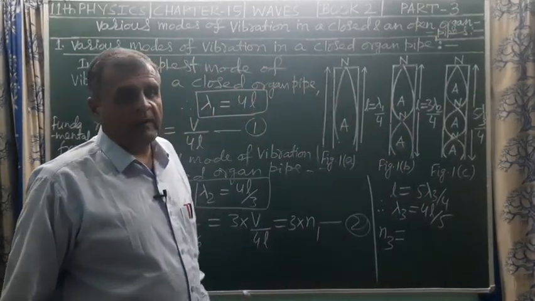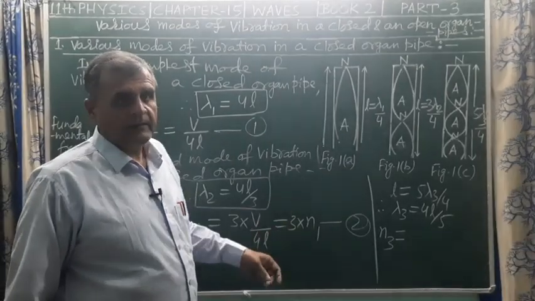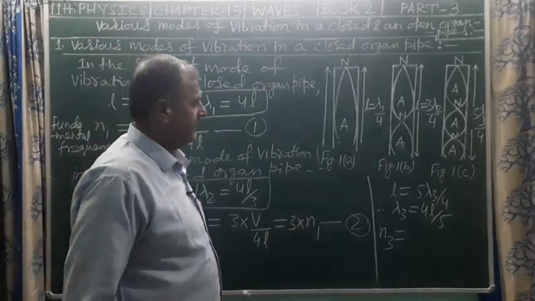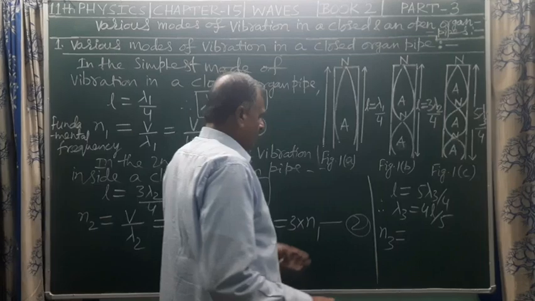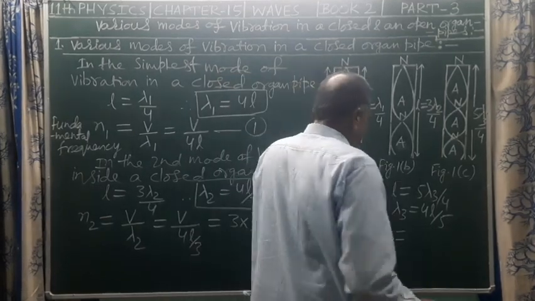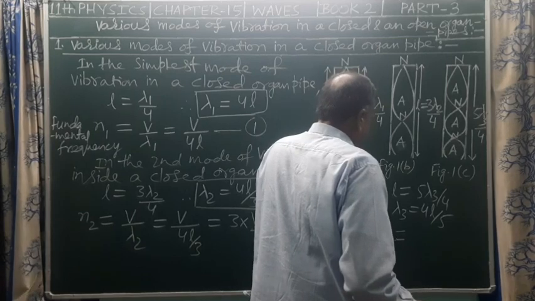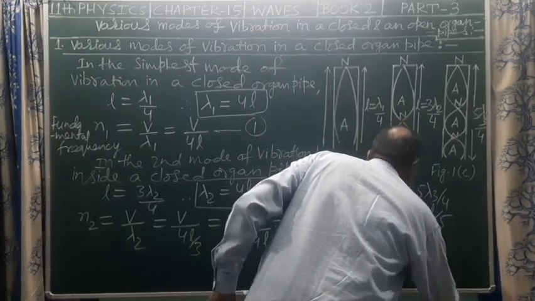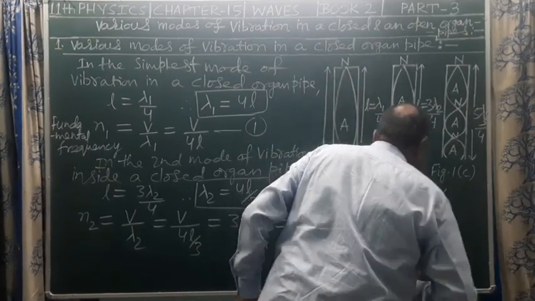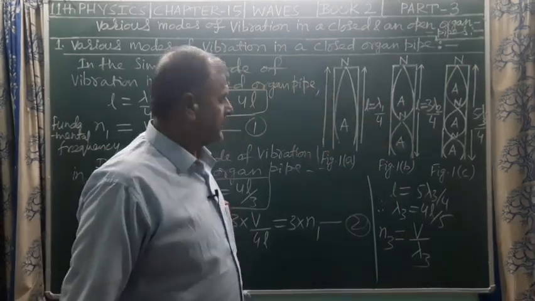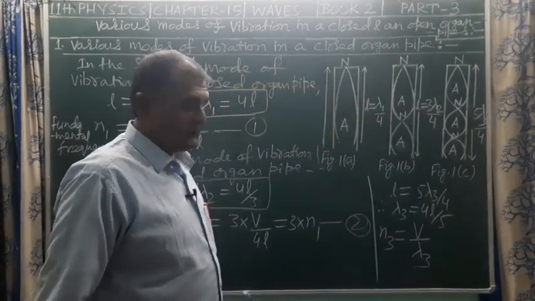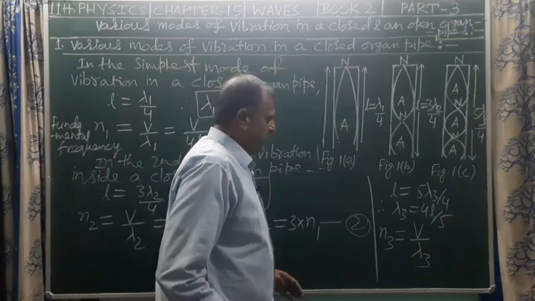The number of the overtone is 1 smaller than the harmonic produced inside the organ pipe. So N3 is the third harmonic and second overtone. N3 is equal to V by lambda 3, using the relation between speed of sound, wavelength and frequency, that is V equals N lambda.